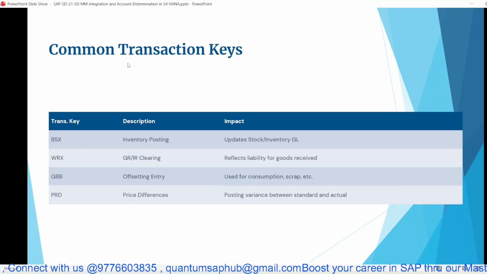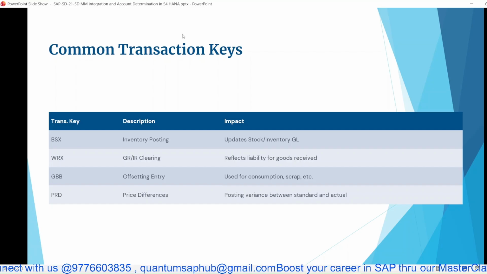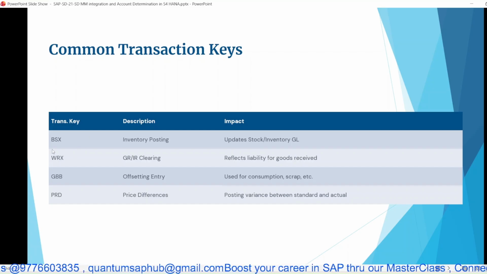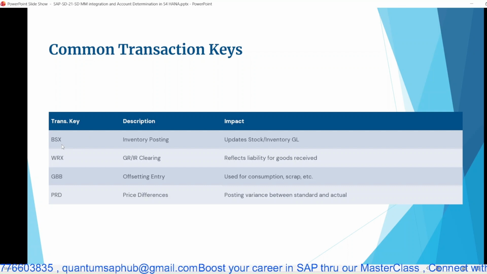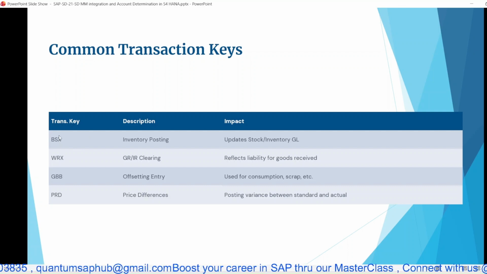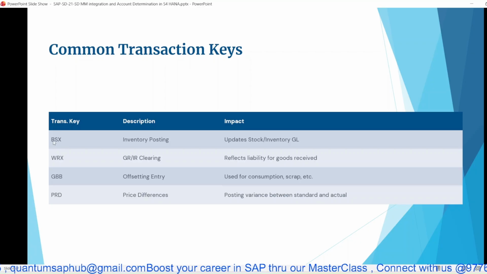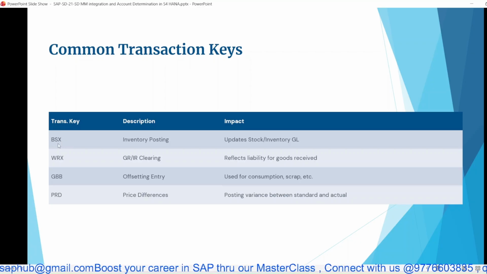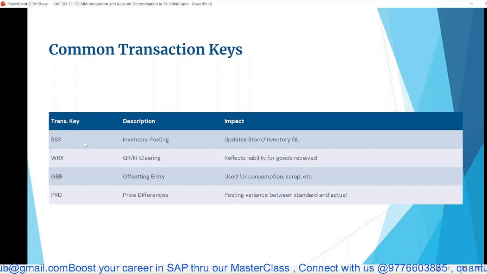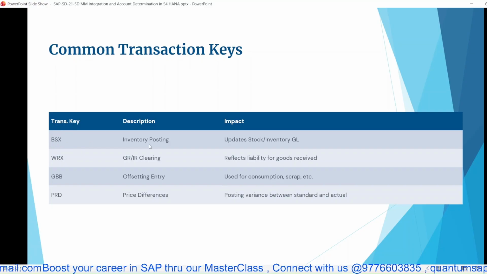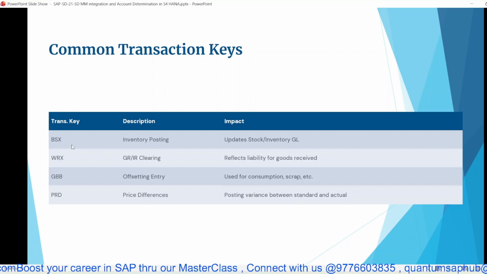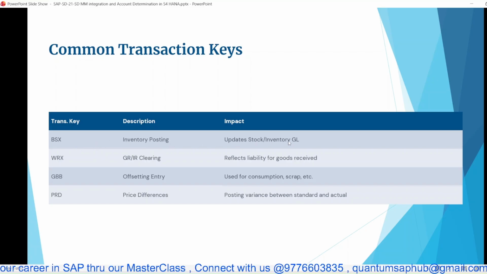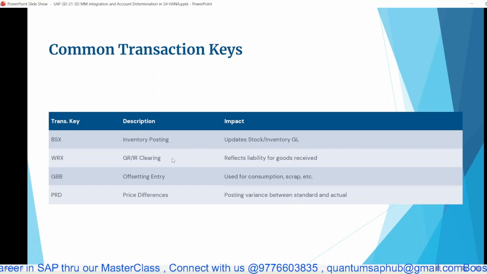How is it determined? The movement type is mapped with the transaction key, so the transaction key is obtained, and the transaction key is mapped to the GL account. So the GL is determined.